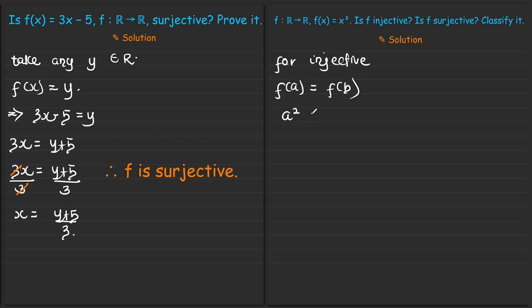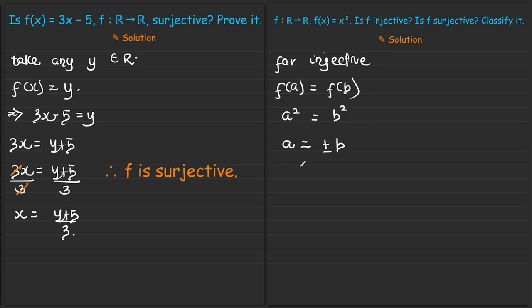So A squared is equal to what? B squared. And we were able to do this in our previous one. It means A is equal to plus or minus B. That is to say, A has two values.